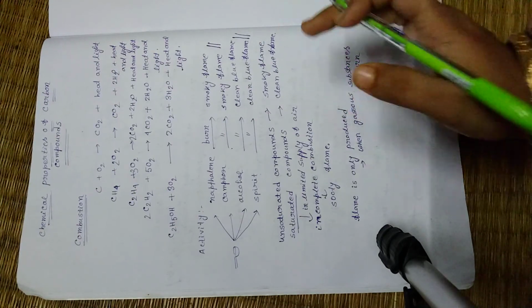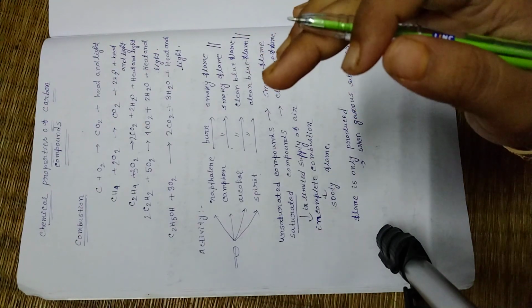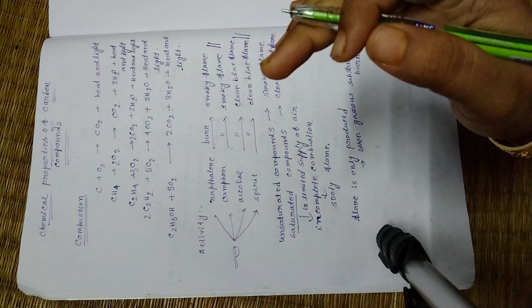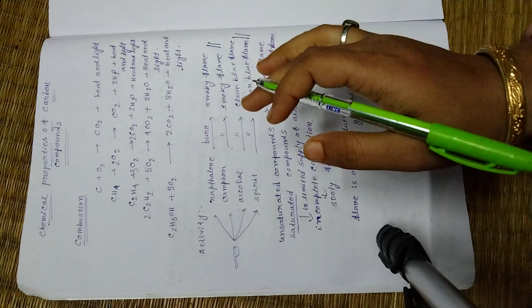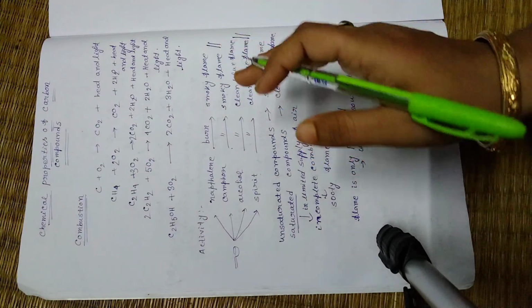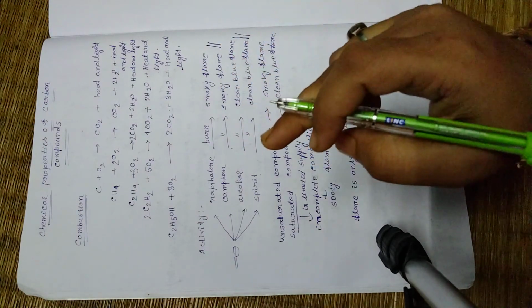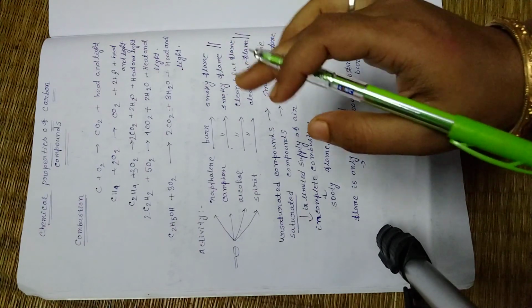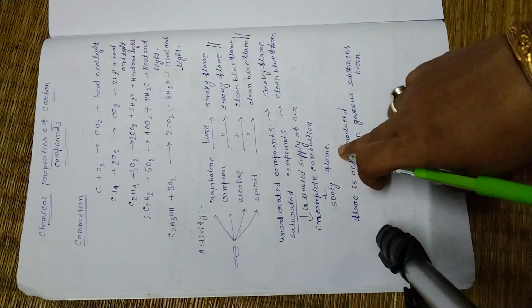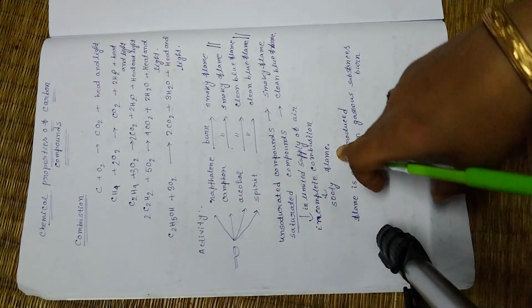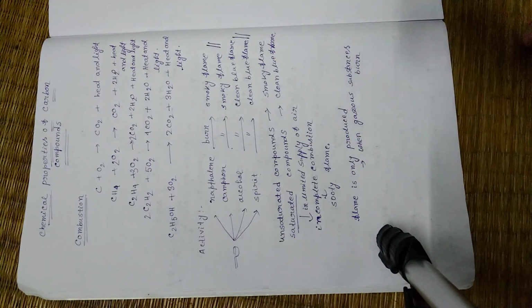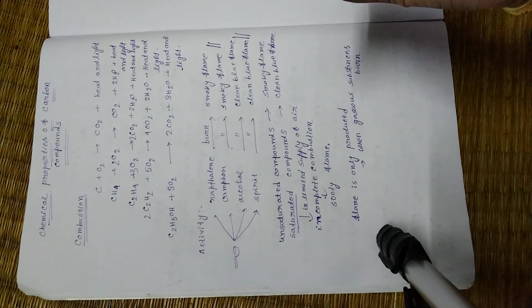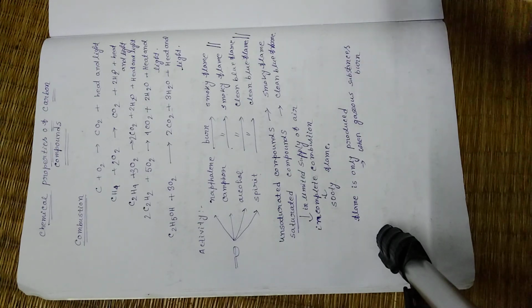Okay, but you must remember that if the supply of air is limited in quantity, the supply of oxygen is limited, then incomplete combustion occurs, and due to incomplete combustion we can see the smoky flame. So you must remember that in case of unsaturated compounds we can see a smoky flame, and in case of saturated compounds we can see a clean blue flame.